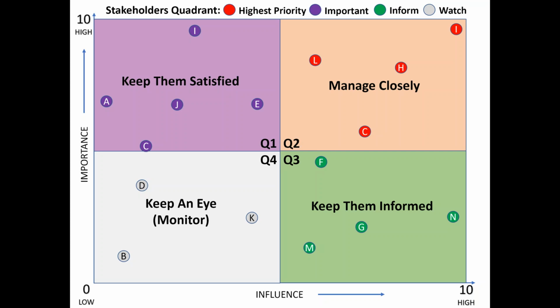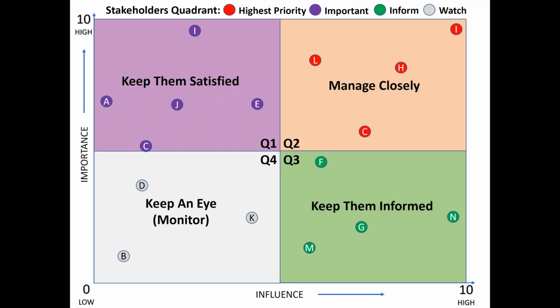So though I have shown you 4 two-dimensional models, whereas in PMBOK there were 3, that doesn't make much of a difference because all these 4 are similarly interpreted, right? They just have 4 quadrants each, and 2 variables, importance and influence or whatever, power and interest. So we have two variables, and we measure the stakeholders according to that.